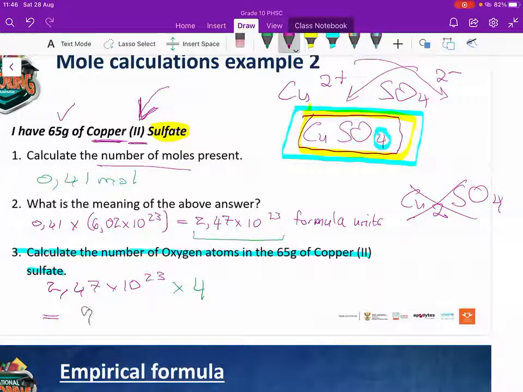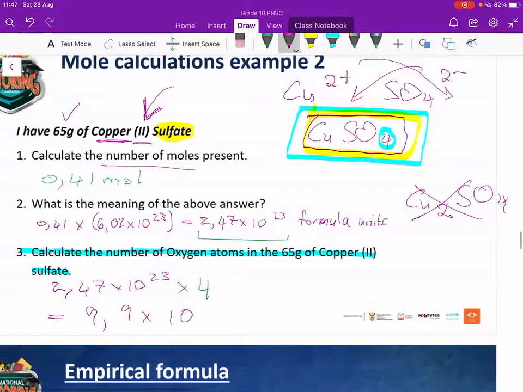And it's 9,8. Let me round off just to keep it simple. We don't want to grapple here with numbers necessarily. We want to understand the scientific concepts. It will be 9,9 times 10 to the power of 23 atoms of oxygen.